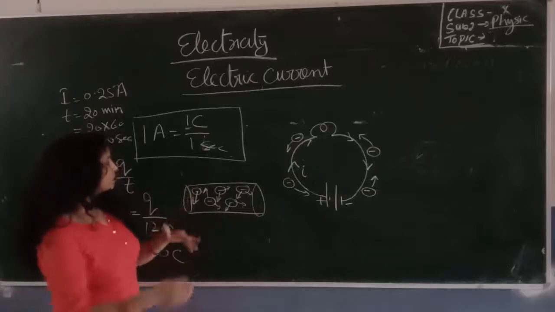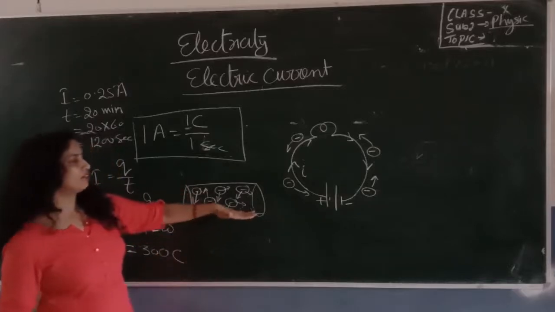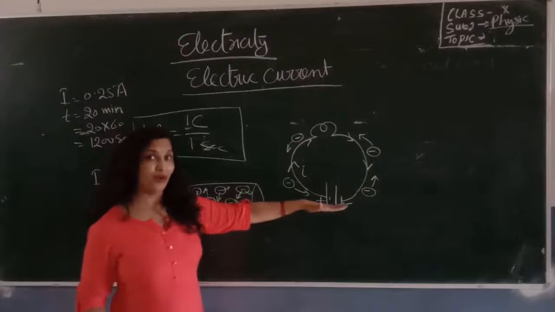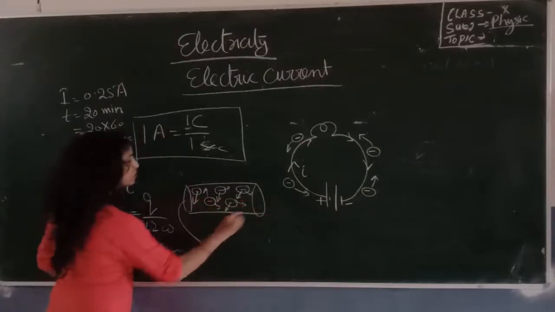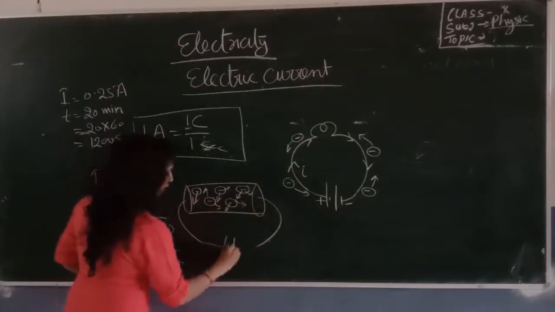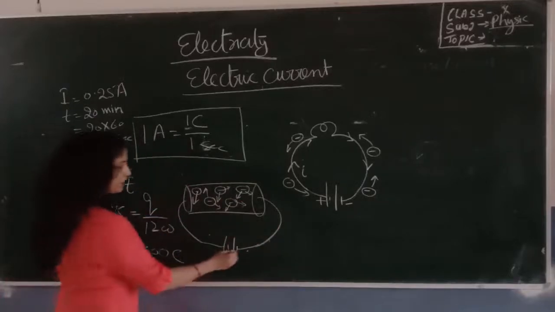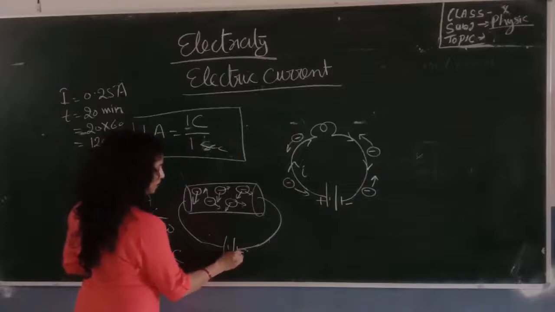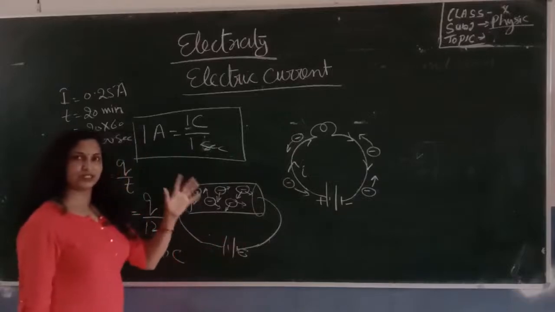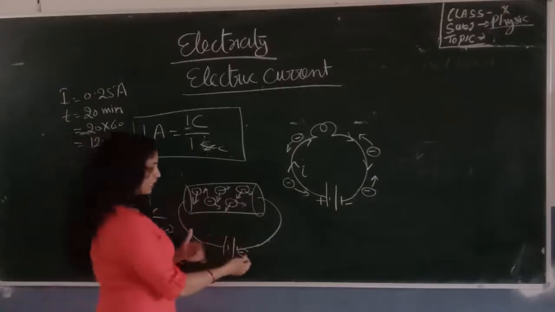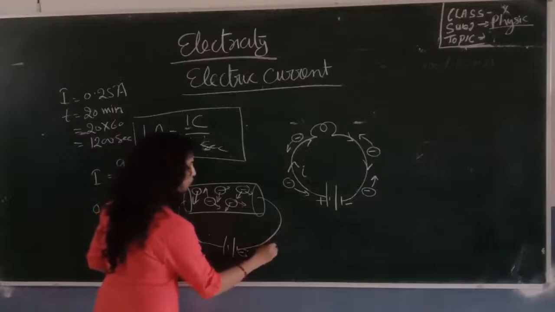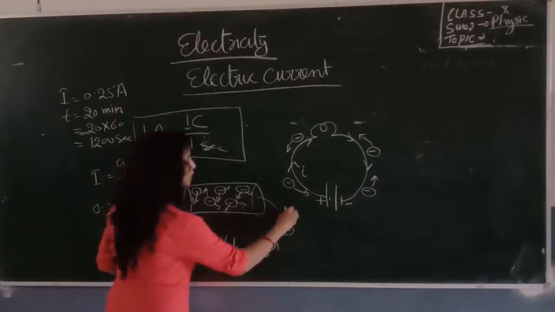But what happens when we connect this metal wire with the battery or cell? When we connect this wire with the battery or cell, the electrons get a direction of flow. From the negative terminal of the battery, electrons will start flowing towards the positive terminal.